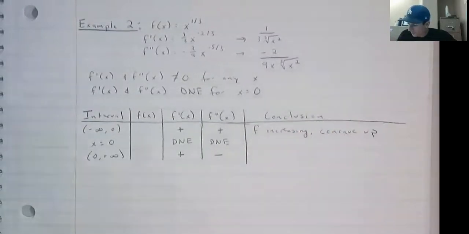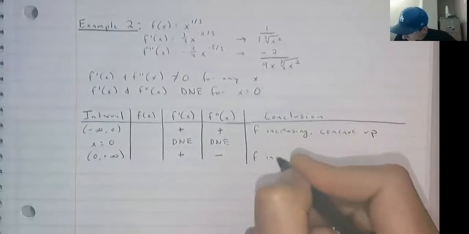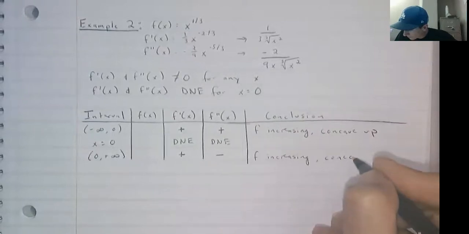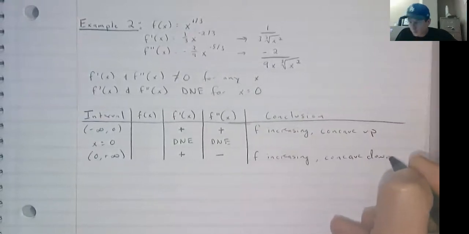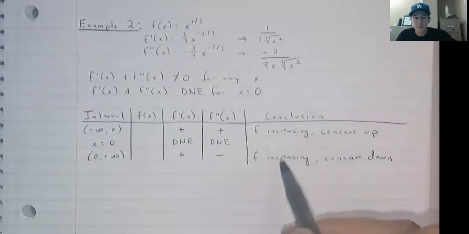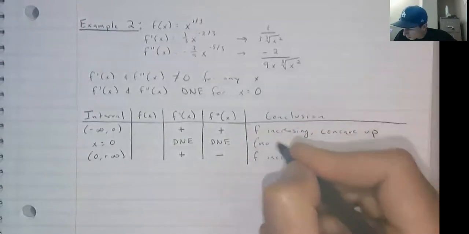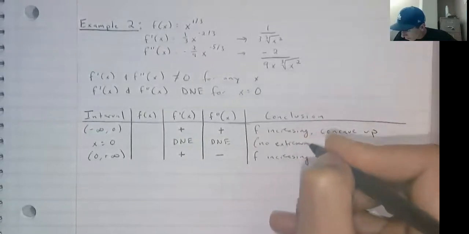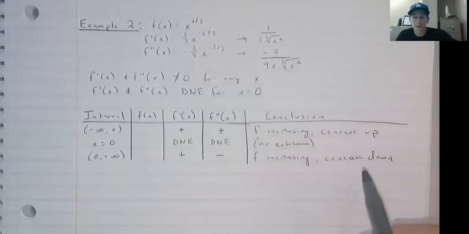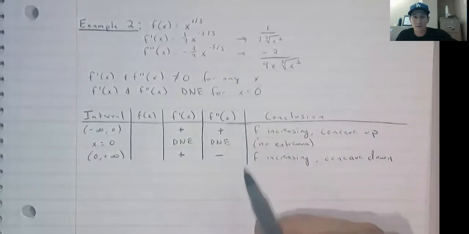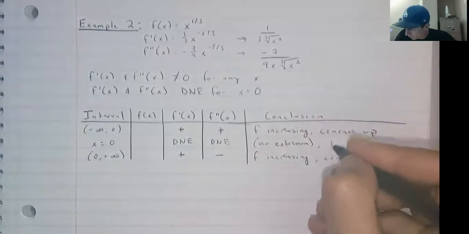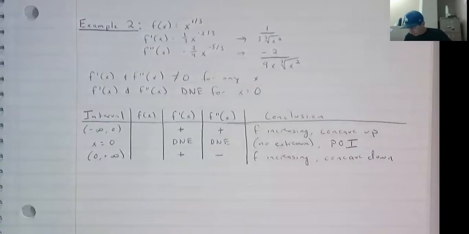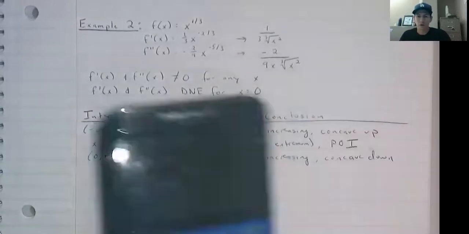So what we can say is f is increasing still. Now we are concave down. So analyzing this, f increasing to f increasing, that means no extremum. However, the change from concave up to concave down, from a positive second derivative to a negative second derivative, tells us there is a point of inflection. Woohoo!